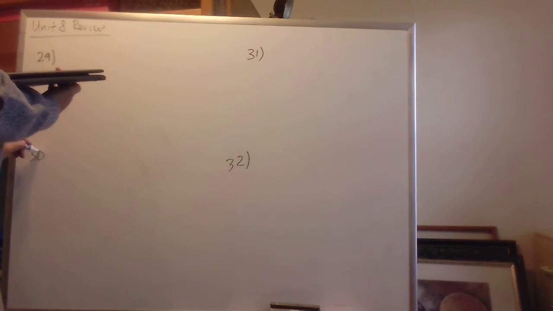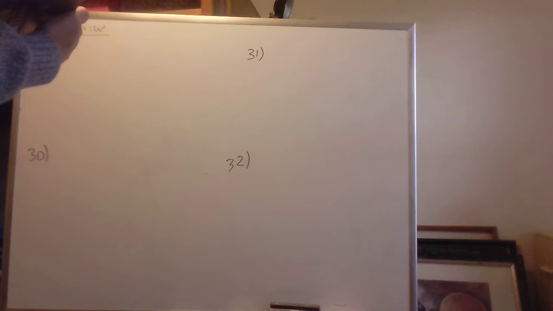Okay, so these problems say identify the type of congruency transformation shown as a reflection, translation, or rotation.